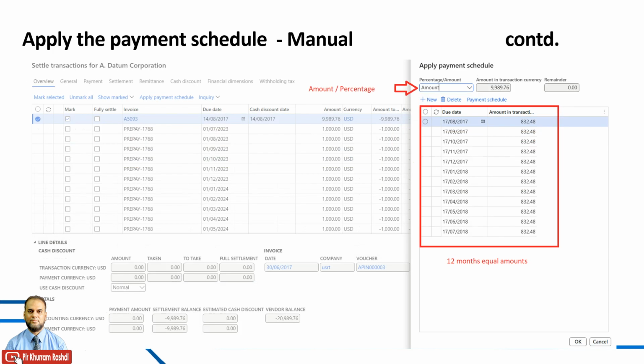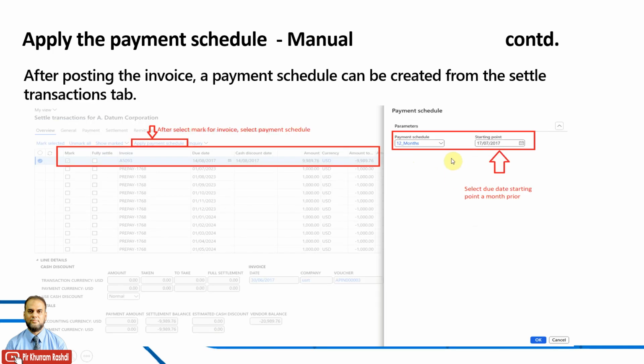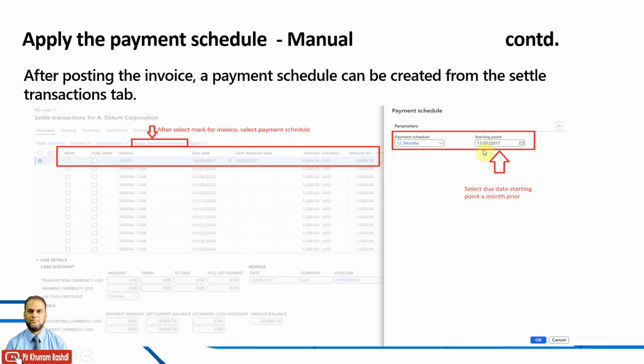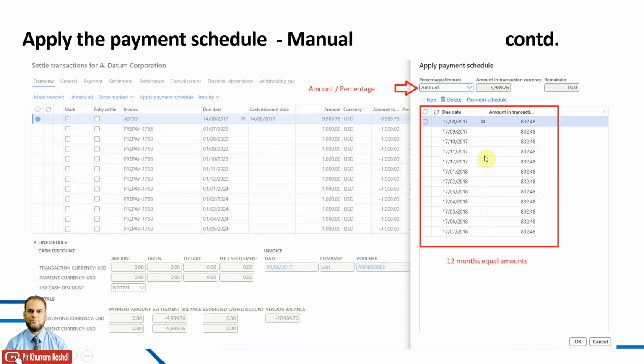Okay, once you select it, in this case 12 months installments is selected, and you can see here 17th of July 2017 is the starting point. Once you select that starting point, it divides it into 12 months equal amounts. That starts from 17th of August after 1 month, and the percentage or amount lookup is showing amounts.